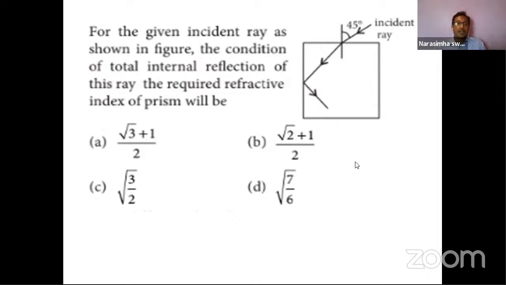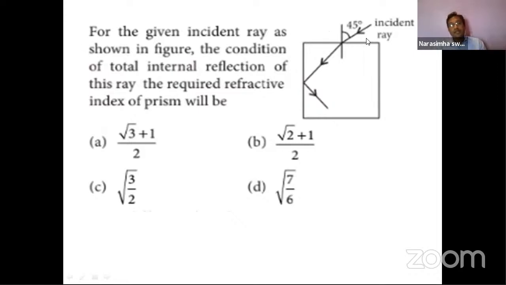What is being asked? The condition for total internal reflection of this ray: the required refractive index of the prism, or material. Instead of material, it is given as prism.